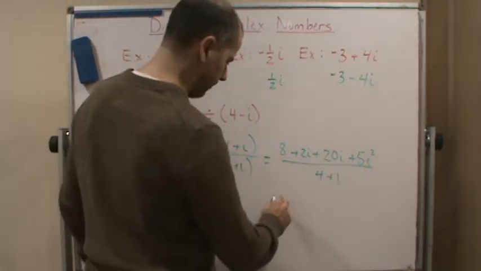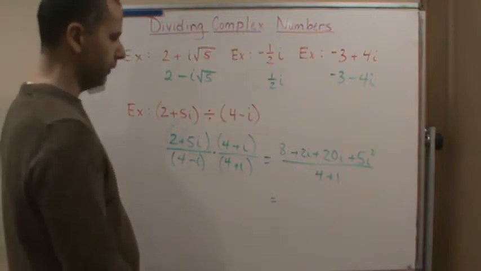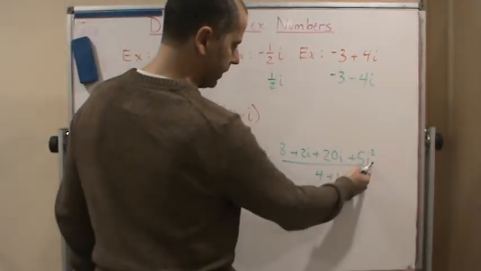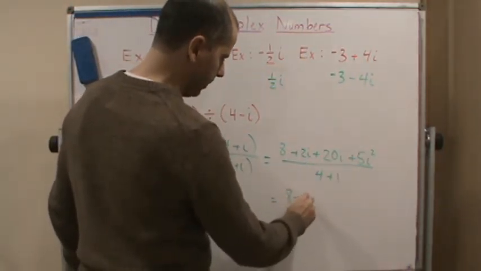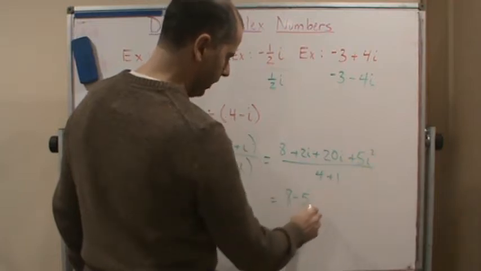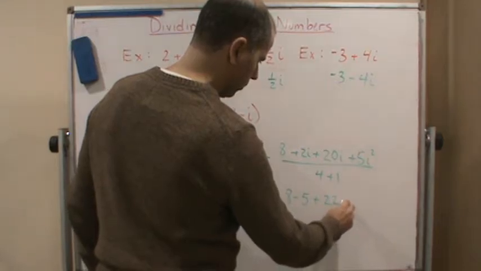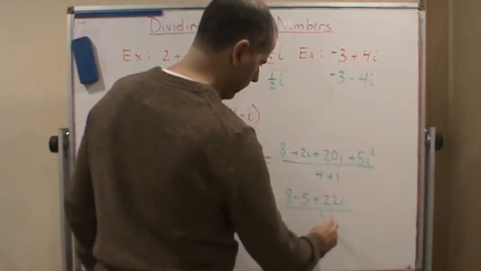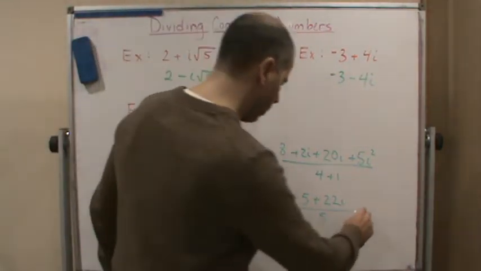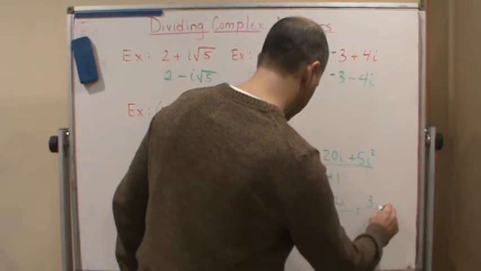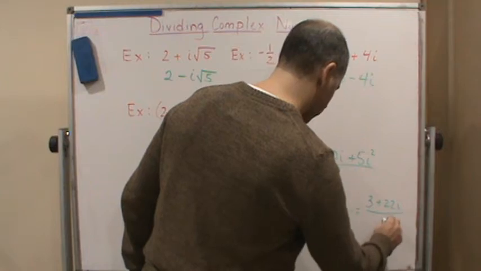Now this simplifies quite nicely, well, as nicely as you would expect. This gives me a minus 5 here because i squared is -1. So this is going to be 8 minus 5, and this becomes 22i over 5. Now 8 minus 5 is 3, so I get 3 plus 22i over 5.